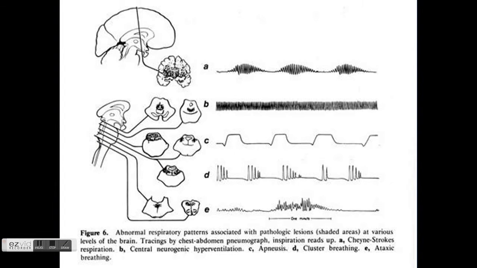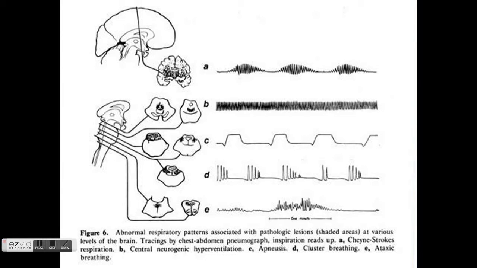As far as the respiratory changes, recognize that there are changes depending upon where the lesion is. Here's a nice little schematic of the various types of respiratory patterns you can see and what areas of the brain are affected. Here you can see Cheyne-Stokes respirations. Here you can see neurogenic hyperventilation.